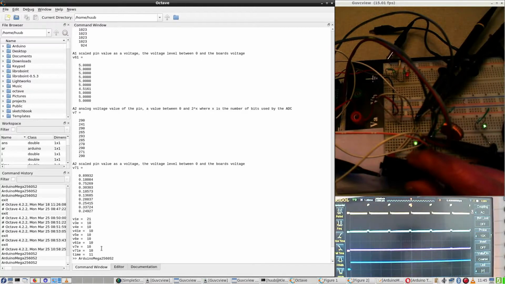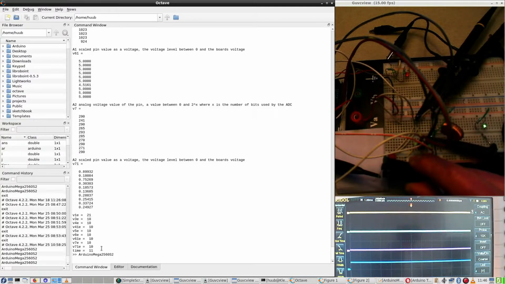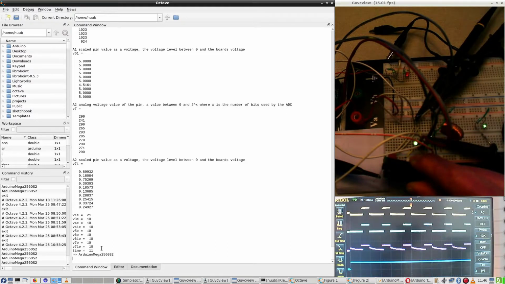So press, and you may notice that this LED here is absolutely doing nothing. I don't know why. Anyway, press. And let's see for one cycle.